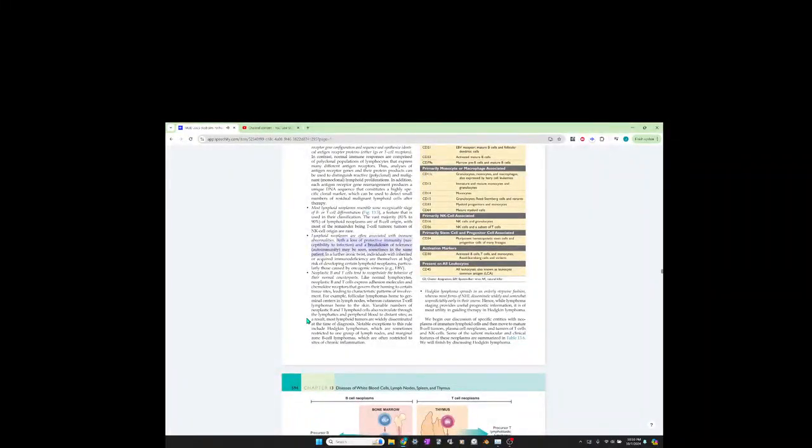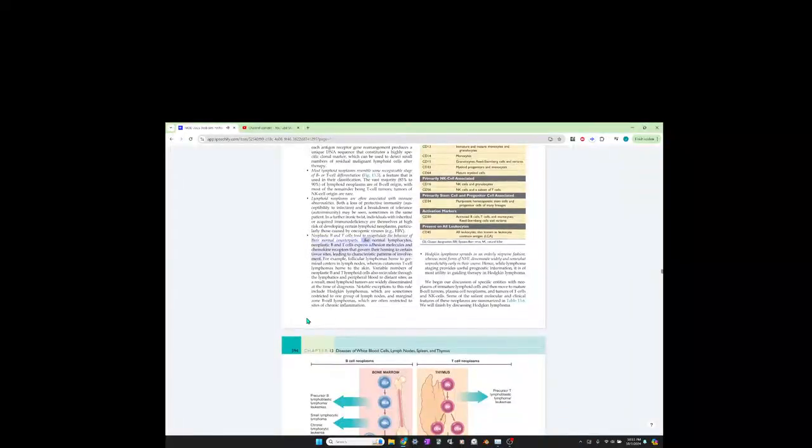Both a loss of protective immunity and a breakdown of tolerance may be seen, sometimes in the same patient. In a further ironic twist, individuals with inherited or acquired immunodeficiency are themselves at high risk of developing certain lymphoid neoplasms, particularly those caused by oncogenic viruses.